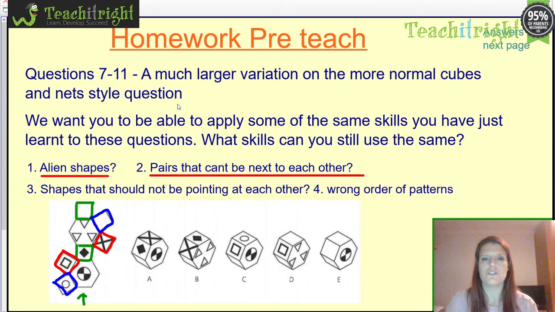Now questions 7 to 11 are a much larger variation on the more normal cubes and nets style question. Again, we want you to be able to try and tackle these. Please don't worry though and get all stressed if you are finding it difficult. We don't want you to spend ages and ages trying to do your homework.